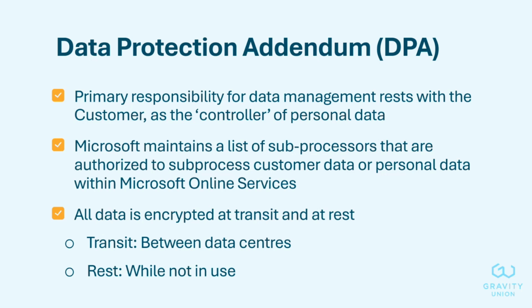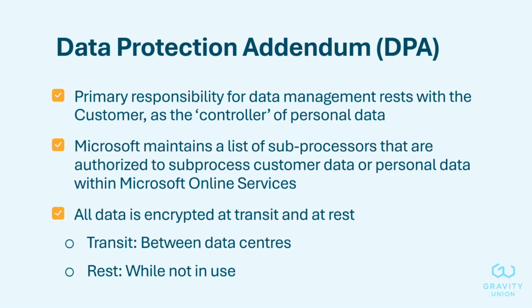Microsoft also maintains a list of sub-processors. So in the event that Microsoft themselves is not the only ones having access or processing your customer data or using it, as is understood in privacy information legislation, this list of sub-processors is maintained and also cited in the DPA.